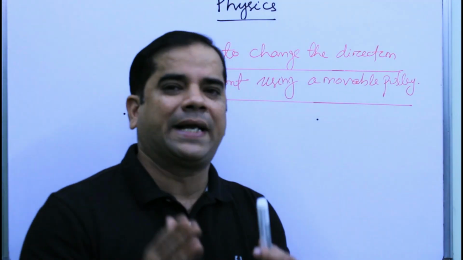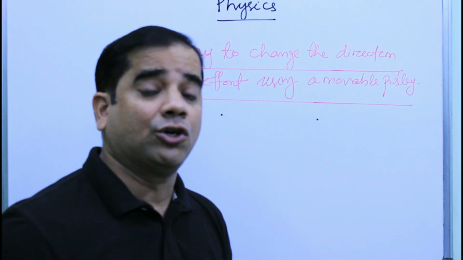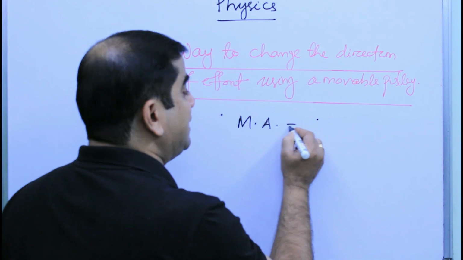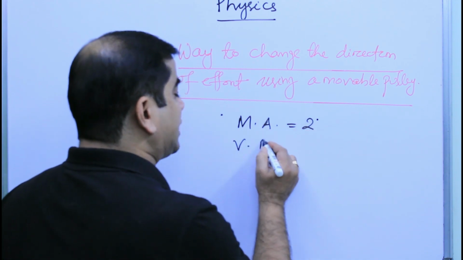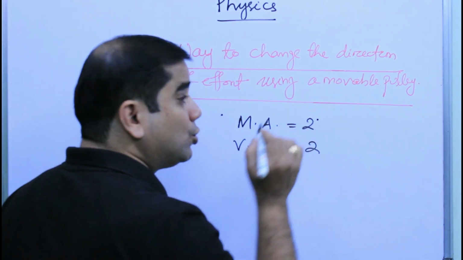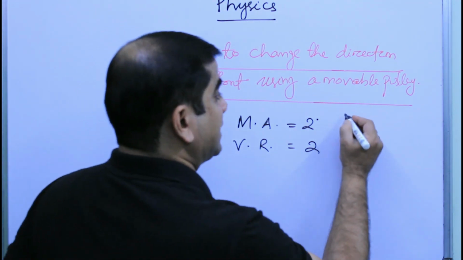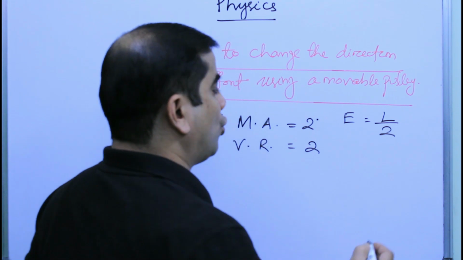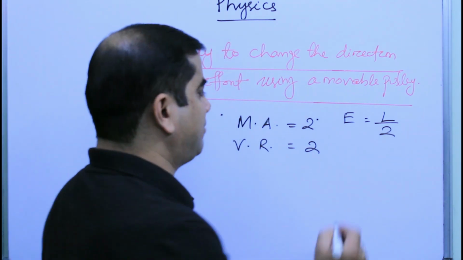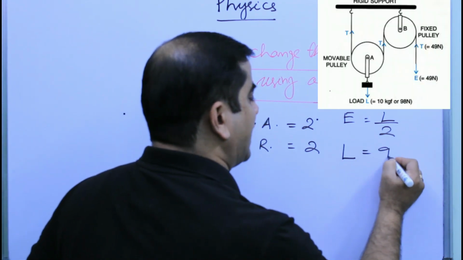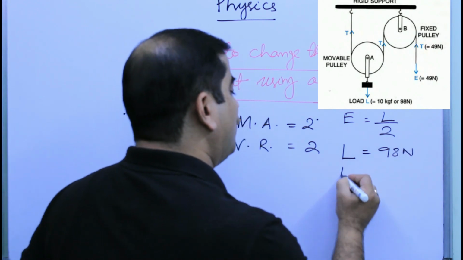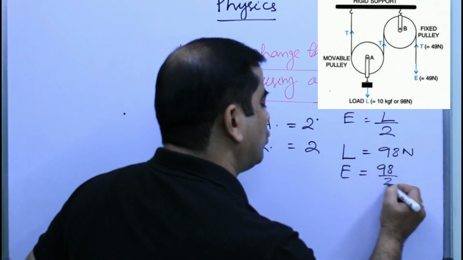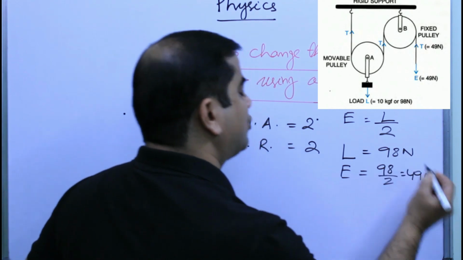What happens to the mechanical advantage and velocity ratio for such arrangements? Mechanical advantage remains 2. The velocity ratio also remains 2. That means the effort is L by 2. So as you can see in the diagram, if a load is 98 Newton, we need to put an effort of 98 by 2, or 49 Newton.